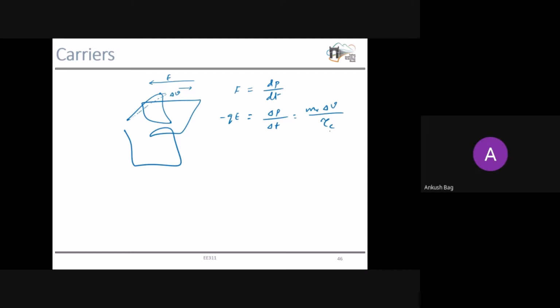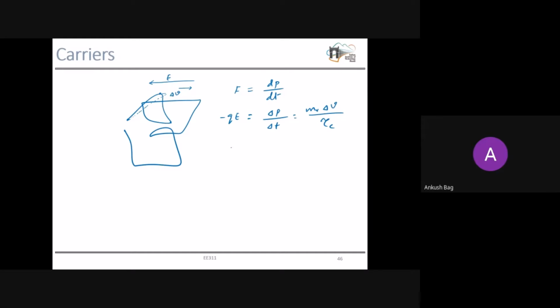It is of the order of some picoseconds. That means there are a lot of collisions within the semiconductor due to this thermal energy.